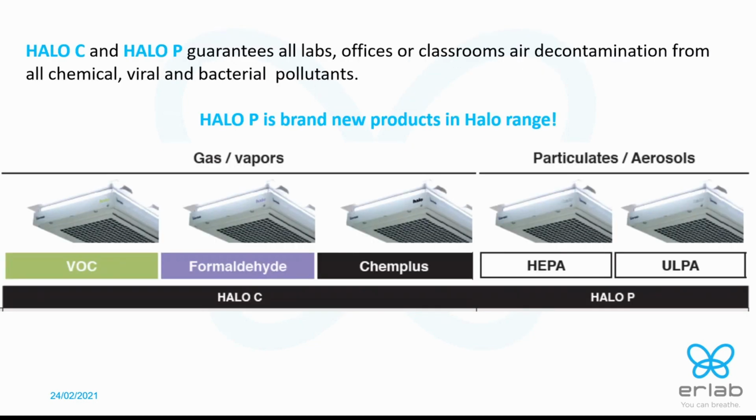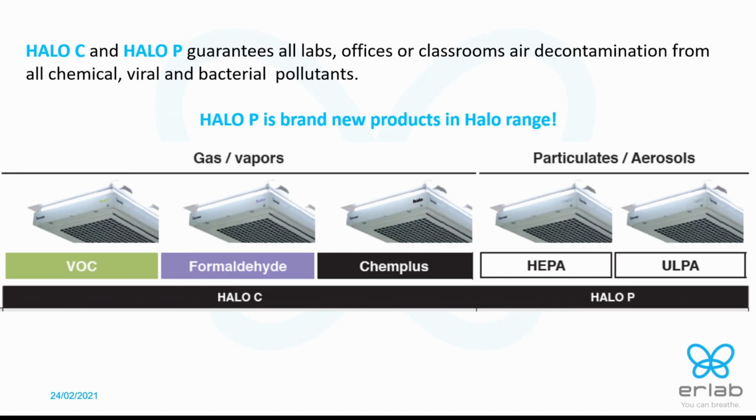So here it was to speak about the new product we launched, which is the Halo P. So we have the Halo C, which was traditionally installed in laboratory. So one for VOC, one for formaldehyde, and one Chem Plus. And we have this new product, the Halo P, that can be equipped with HEPA or ULPA filter.